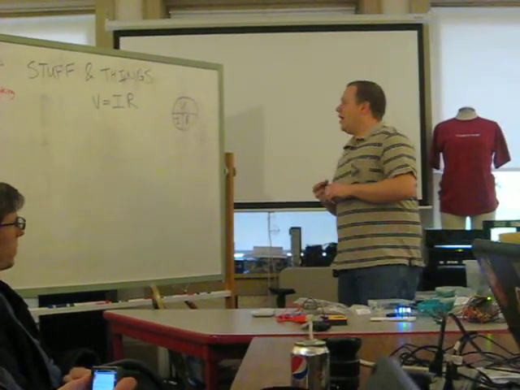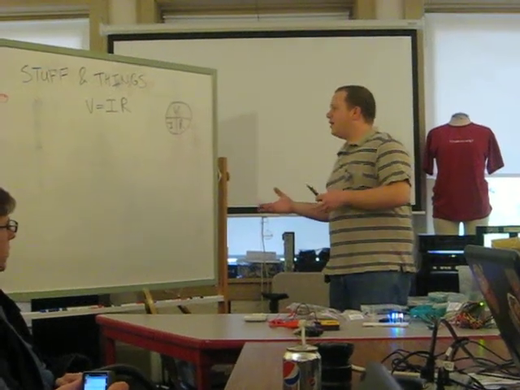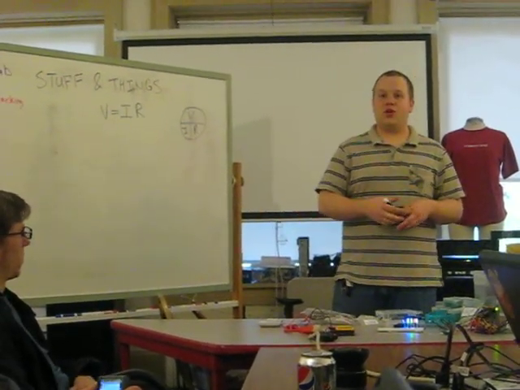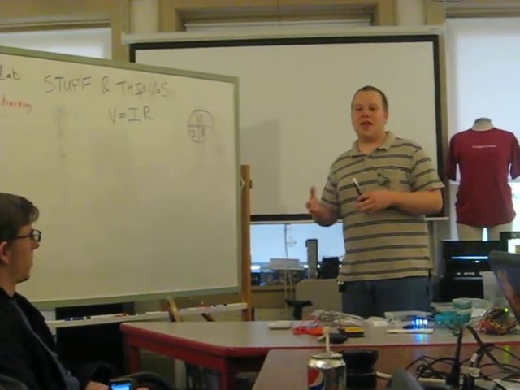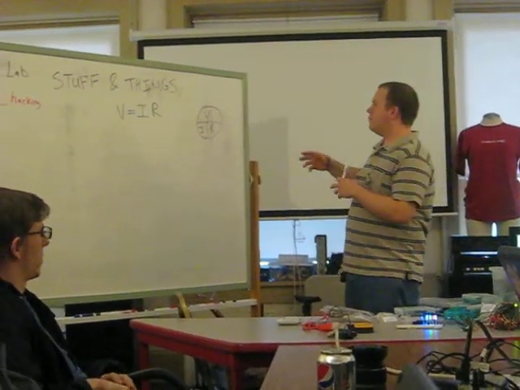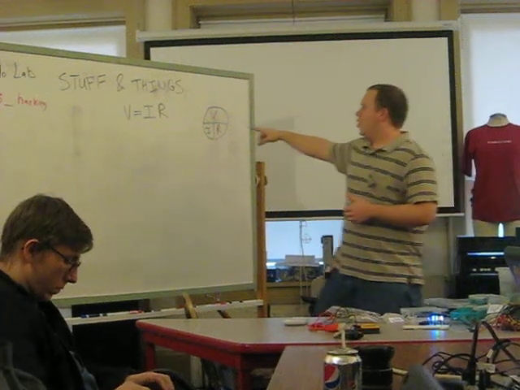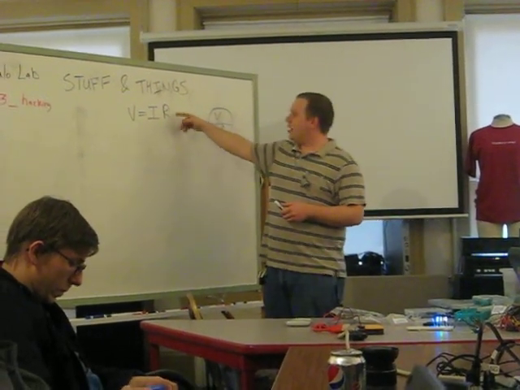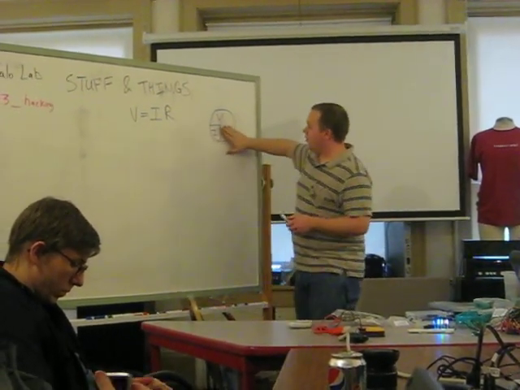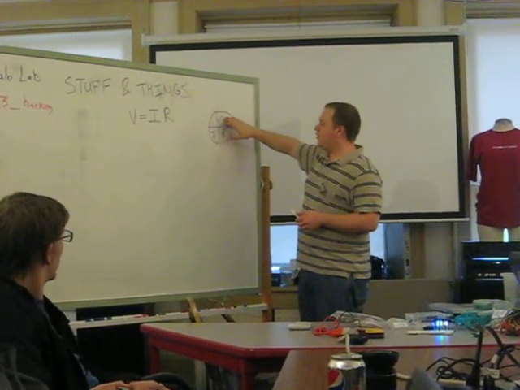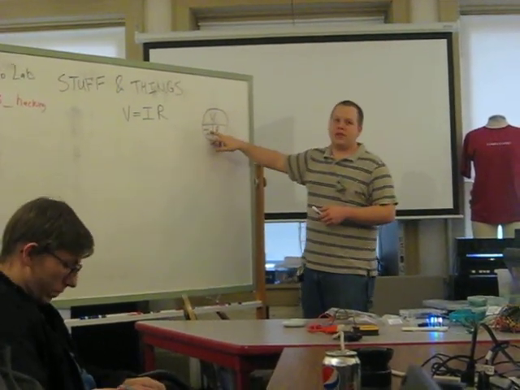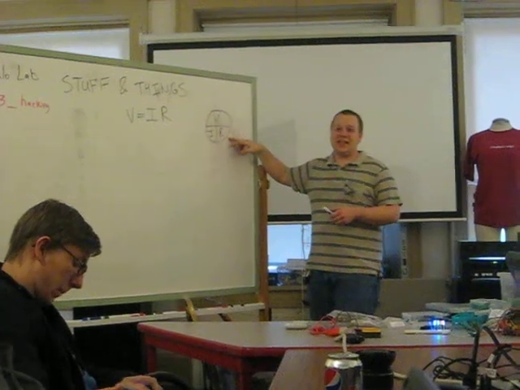So if I wanted 20 milliamps across a certain component, I have to know what the resistance is. So picking the resistor means you cover it on this side, and you divide the voltage by the current that you want, and you get the resistance value you need.